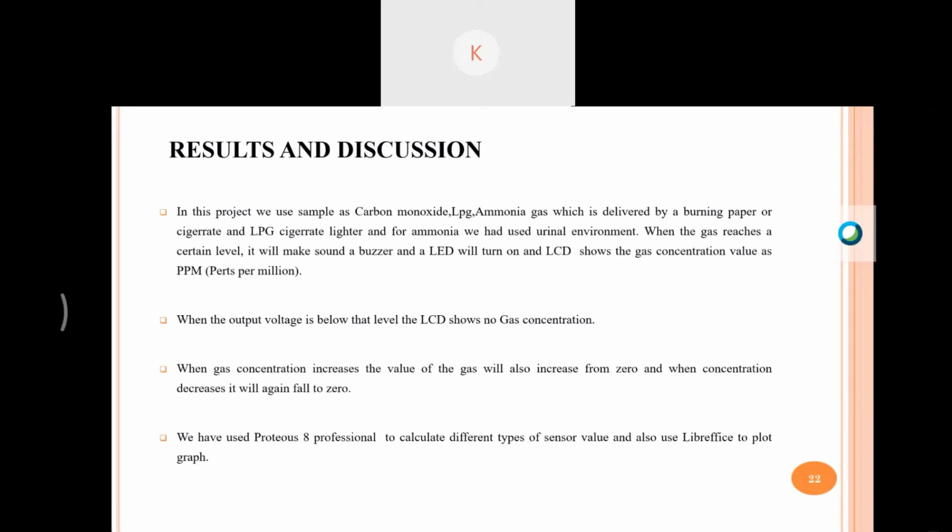Now, if we expose some gases near this sensor, what happens? The oxygen on the tin dioxide surface is decreased. When oxygen is decreased on the surface of the tin dioxide, its resistance is decreased. Whenever its resistance is decreased, a small current flows through the sensor.